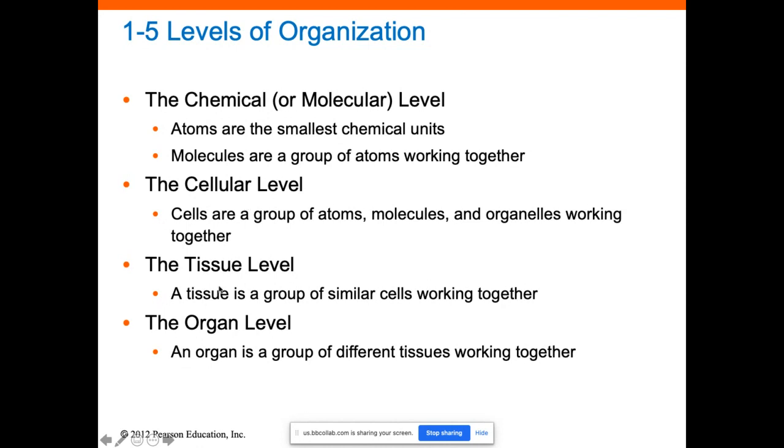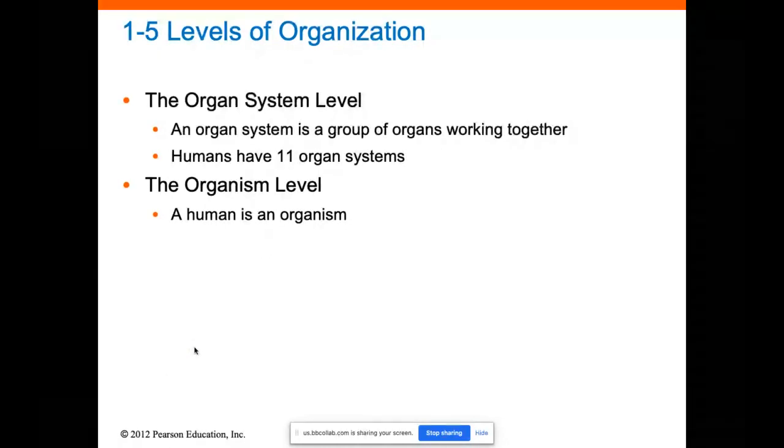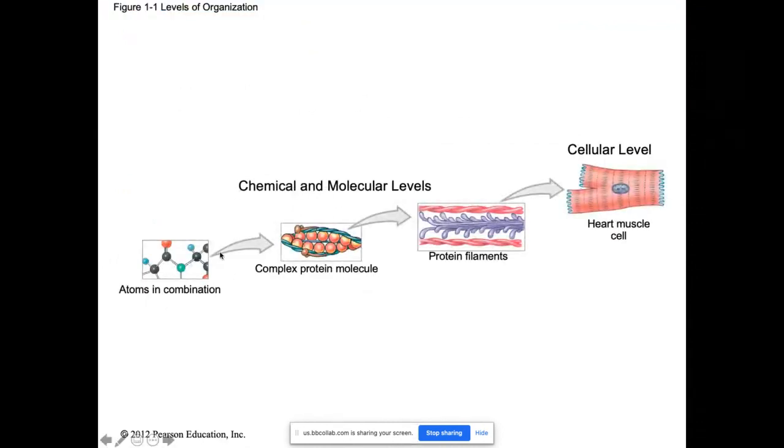And then a bunch of tissues come together of similar structure and function and make an organ. And then a group of organs come together and then they make a system. And then we have 11 systems that come together and make the organism, the crowning creation of all. So your atoms come together and your protein molecules and protein filaments. And eventually when these things come together, they make a cell.